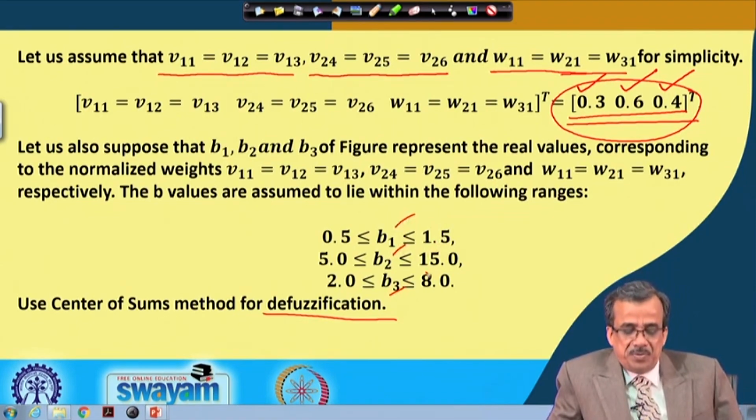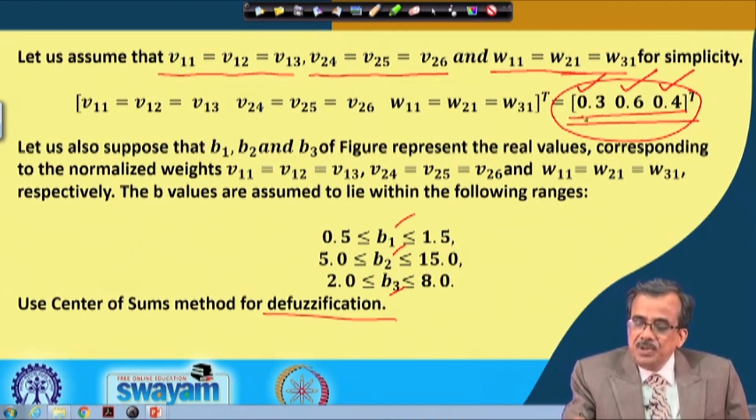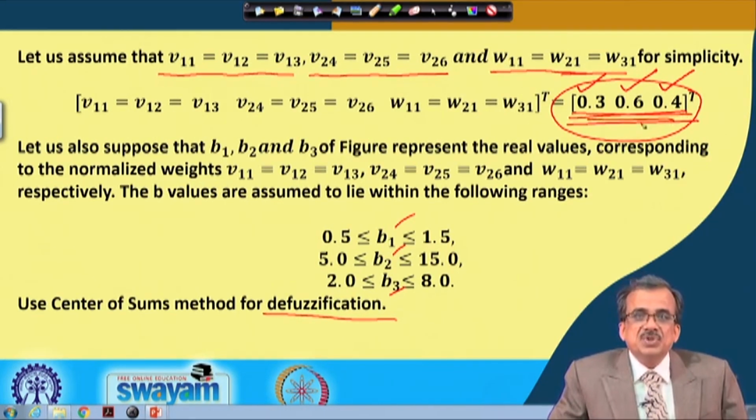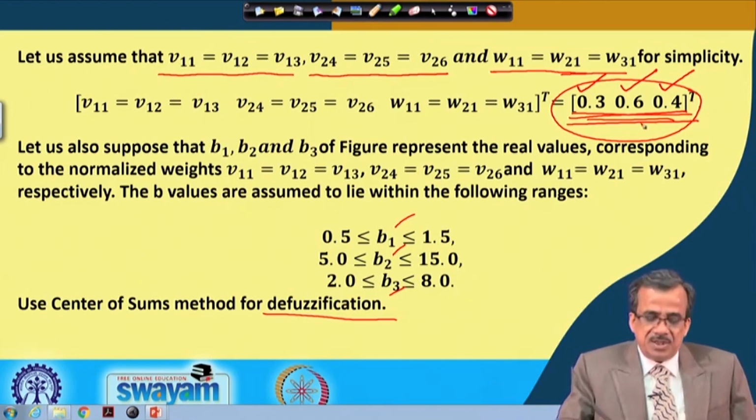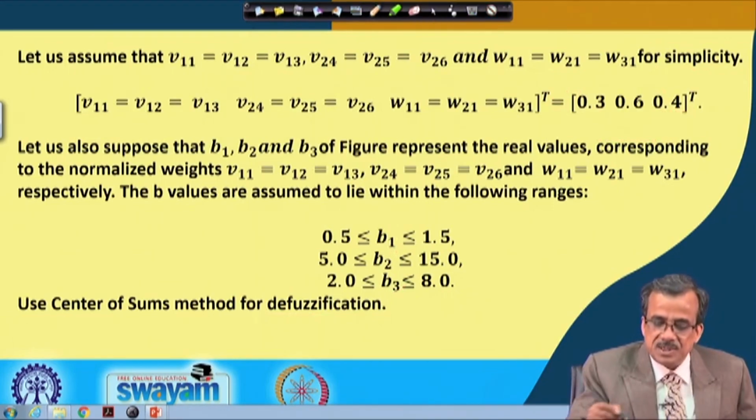B1, B2, B3 have different ranges, and we will have to use this normalized value to find out the actual real values for B1, B2 and B3. This I am going to discuss in detail now.